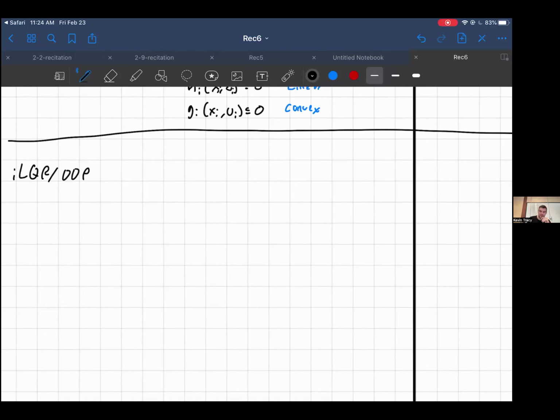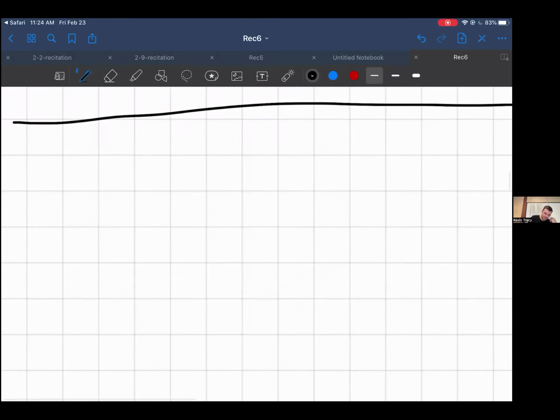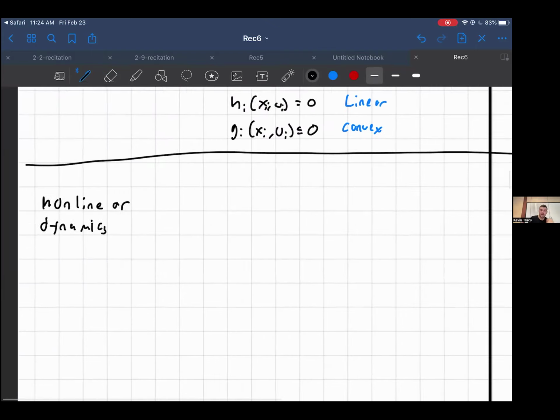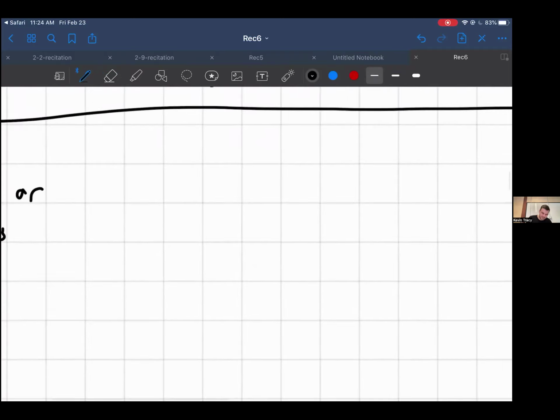This is a solution method. I'll just write out nonlinear dynamics, and then I'll write out exactly what I'm talking about.